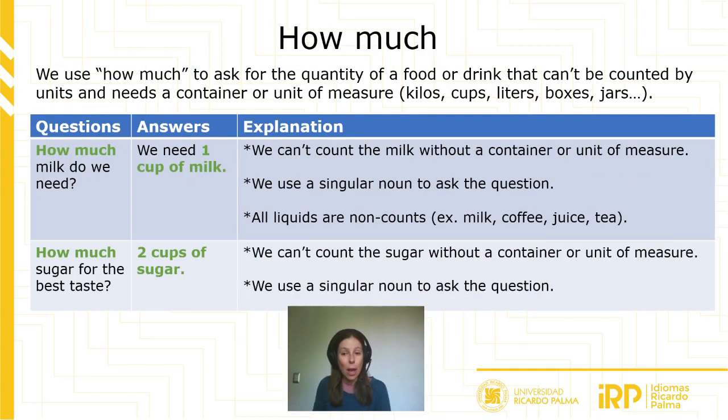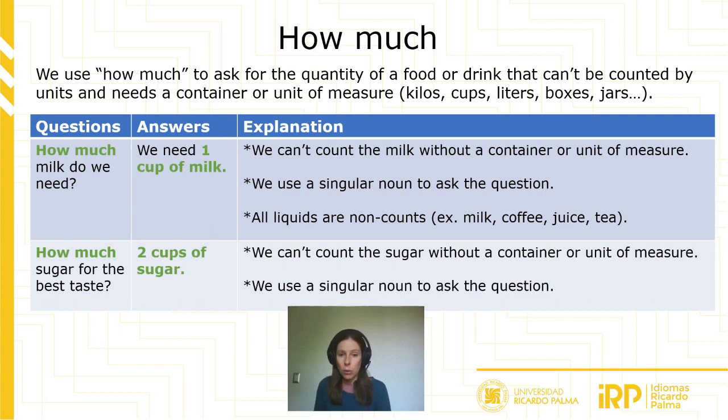Now let's look at how much. We use how much to ask for the quantity of a food or drink that can't be counted by units and needs a container or unit of measure. In the dialogue, we saw these questions. How much milk do we need? We need 1 cup of milk.